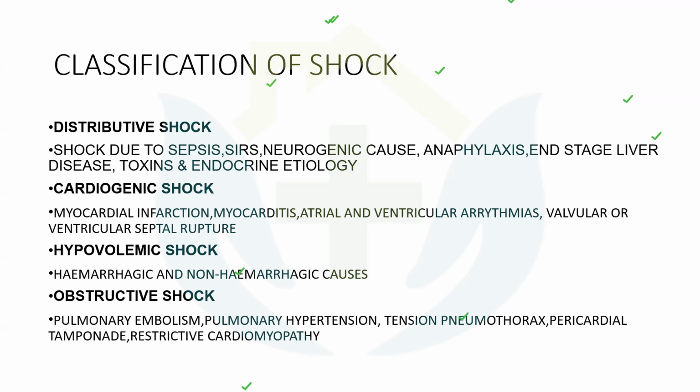Cardiogenic shock, I mean the pump problem, the cardiac problem: there is low cardiac output in cardiogenic shock, from myocardial infarction, myocarditis, ventricular arrhythmia, valve rupture, all these things. Hypovolemic shock, we all know, could be hemorrhagic or non-hemorrhagic. Obstructive shock: there is an obstruction, and that leads to poor perfusion to the distal part. So pulmonary embolism, pulmonary hypertension, pneumothorax, tamponade, all these things.